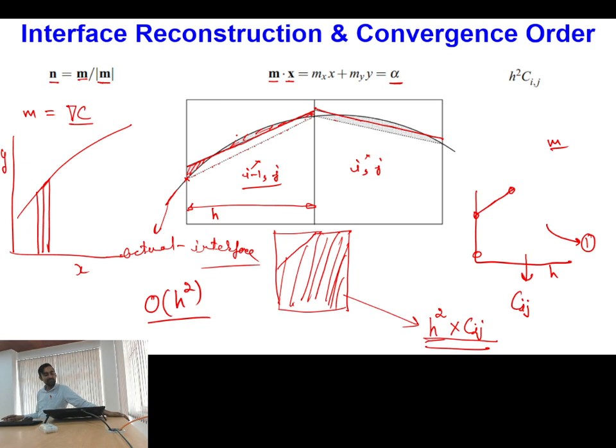So if the order of the trapezoidal rule of integration was h square, then of course PLIC will give a slightly better approximation of the interface in comparison to the one we have seen over here. So the convergence order of this scheme is actually good.